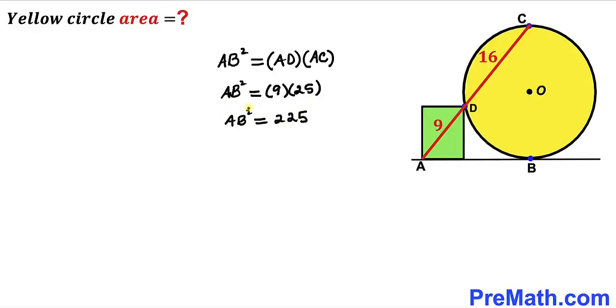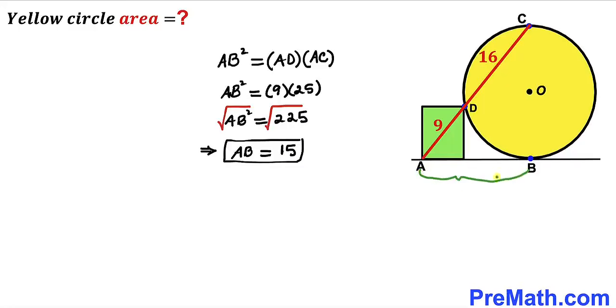Now I'm going to undo the square by taking the square root on both sides. So our AB length turns out to be positive 15 units.